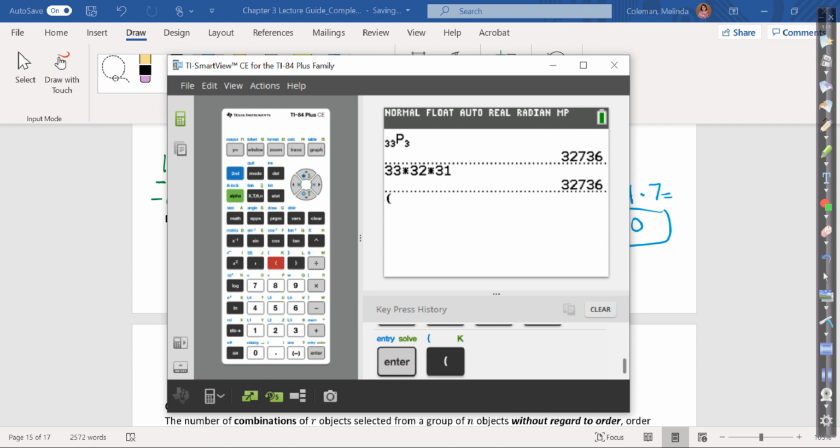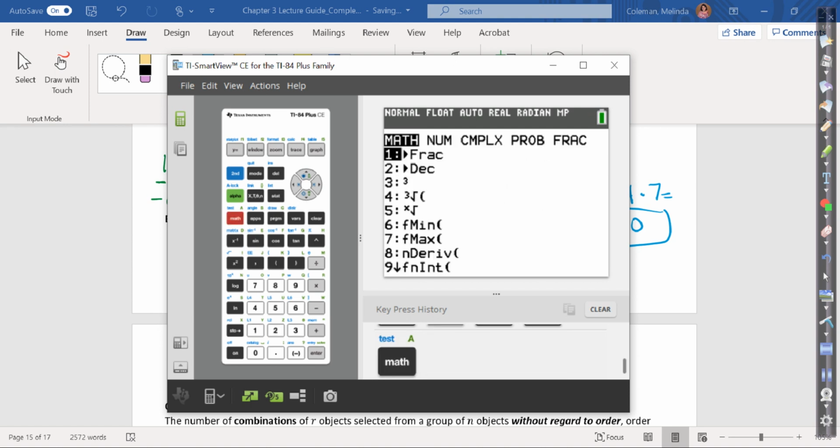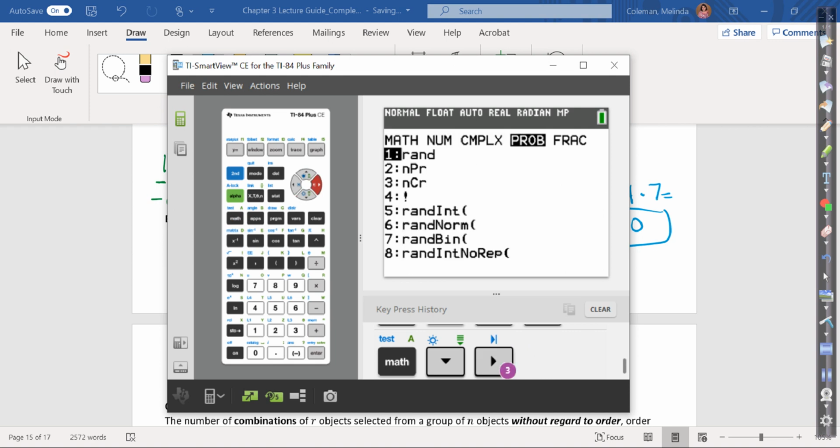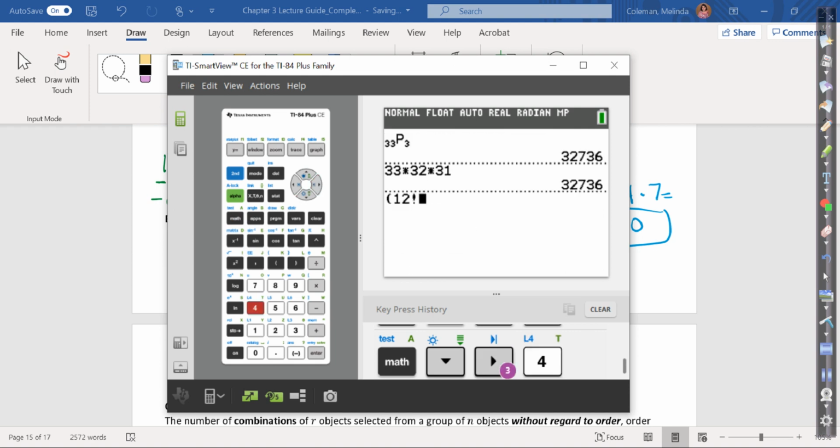So that would be 12, then the math key, over to probability, number 4, which gives 12 factorial.